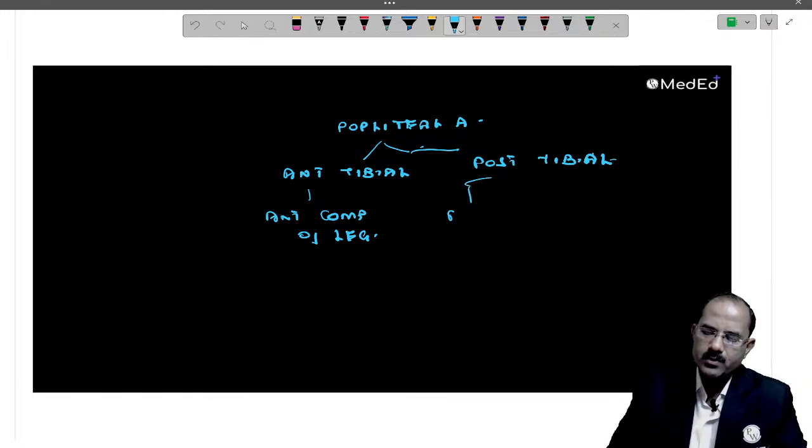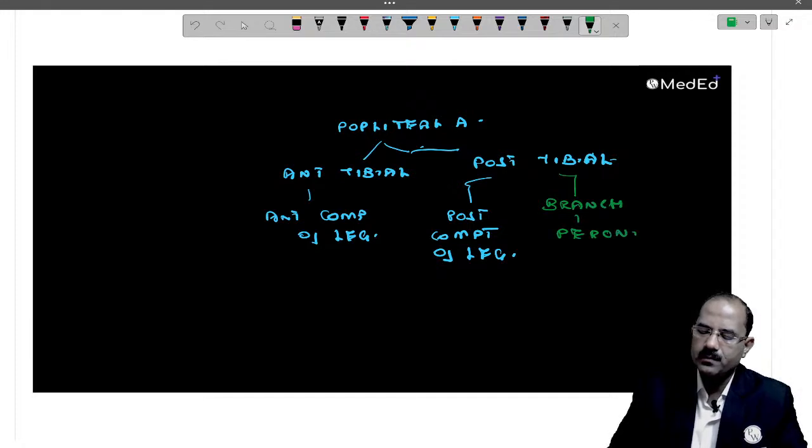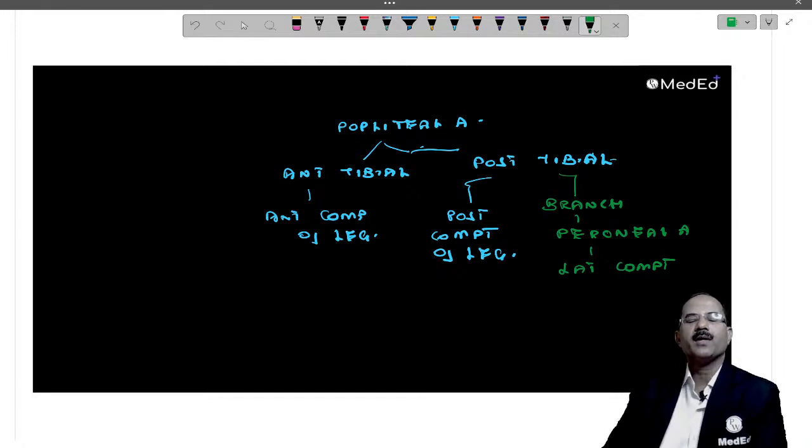Posterior tibial goes to the posterior compartment of the leg. And this posterior tibial artery gives a branch. What is this artery known as? Peroneal artery. It goes to the lateral compartment of the leg.